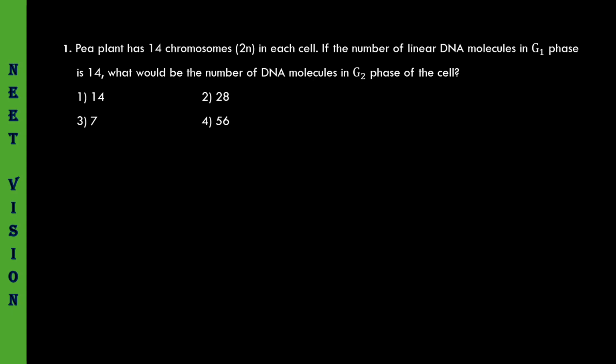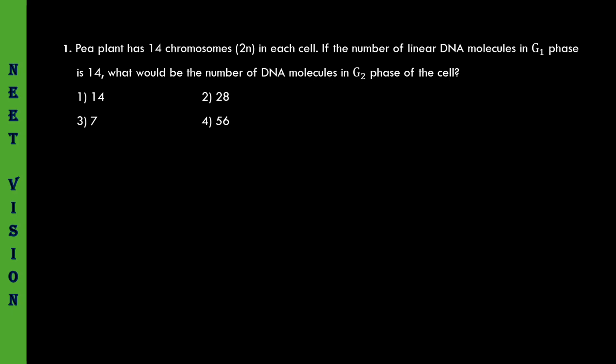So it has got 14 chromosomes. In G1 phase, every chromosome will be having only one chromatid. One chromatid means one DNA molecule. So in G1 phase, the diploid pea plant cell has 14 DNA molecules. In S stage, there is synthesis of DNA.